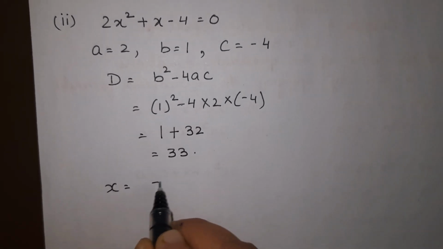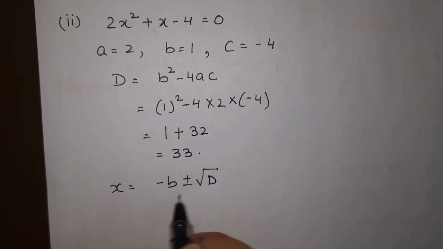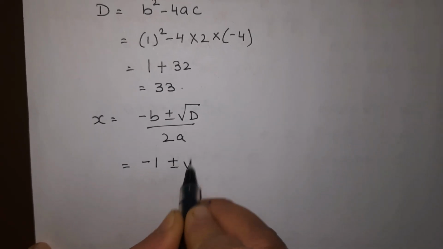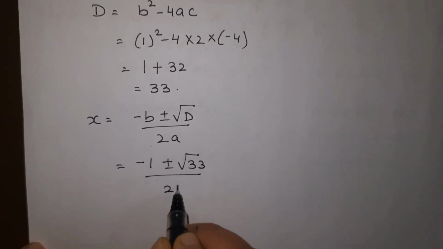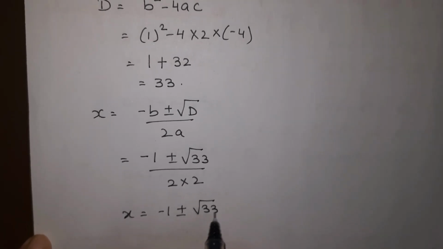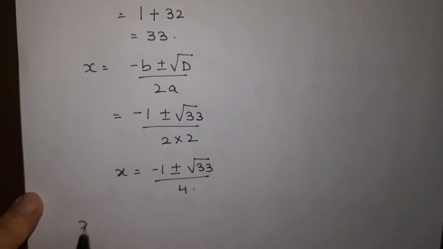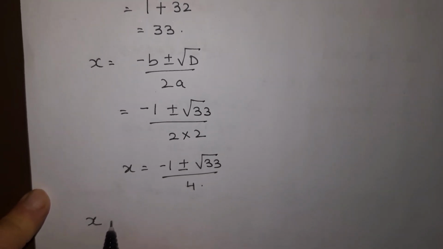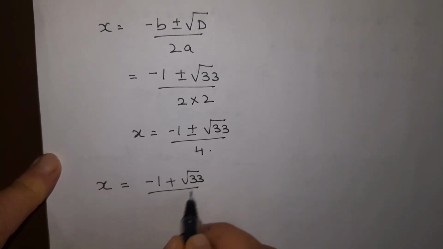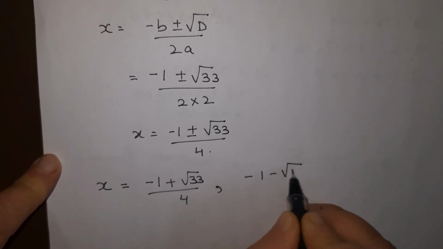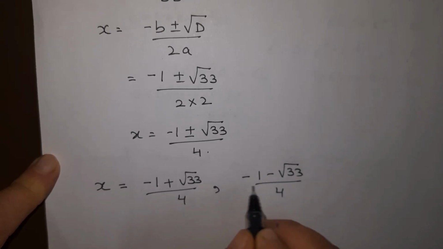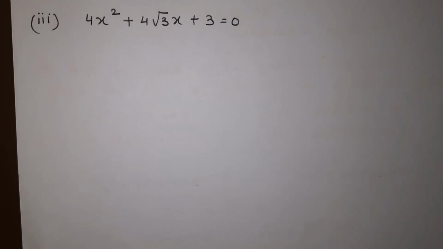So x is given by minus b plus minus root of D over 2a, so this will be minus 1 plus minus root of 33 over 2 into 2, which is minus 1 plus minus root of 33 over 4. So we have two solutions, one by taking the positive sign and one by taking the negative sign: minus 1 plus root of 33 over 4 and minus 1 minus root of 33 over 4.